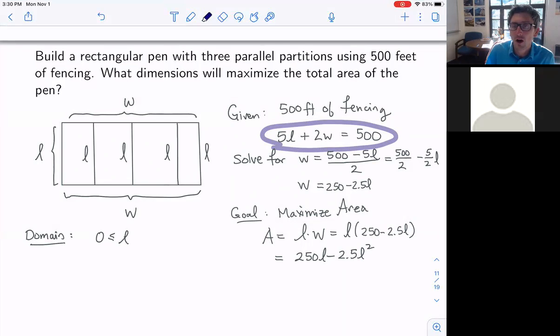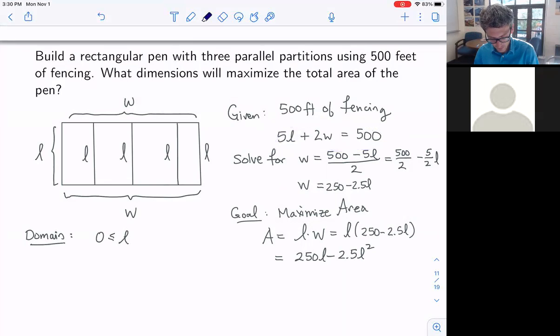If L were 100, we'd have used up all 500 feet of the fence just in making the parallel bits there. We wouldn't have anything left over for the width. And so our domain is going to be that L is between 0 and 100. Okay, and so now we've got a problem. Now it's just a calculus graph problem. We have a function and we have a domain, and our goal is to find the maximum.